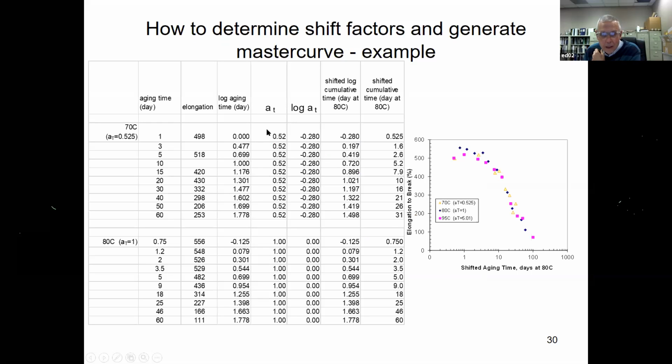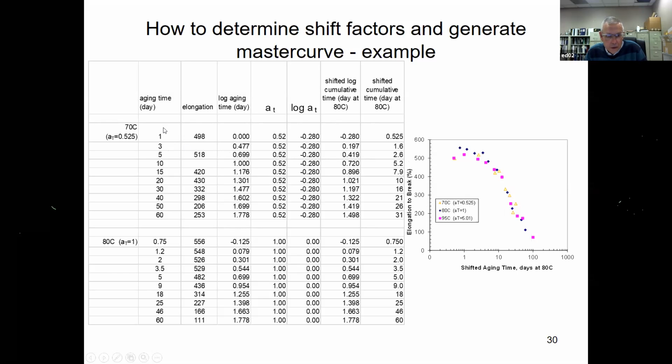So we're varying this number, and these cells all have calculations, which is the way we set it up. So we can quickly vary this number right here, 0.51, 0.50, 0.53, 0.54, and watch how this automatically gets shifted, until by eye we say we have very good overlap between the 80 degree data and the 70 degree data.